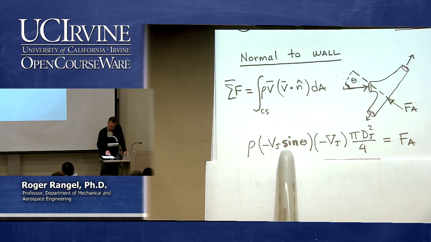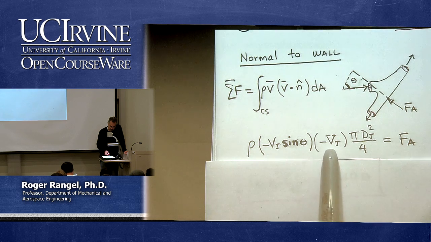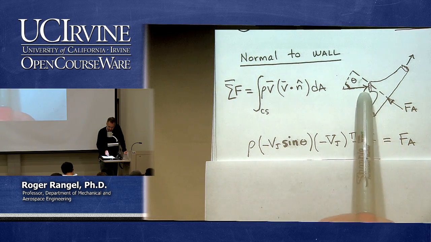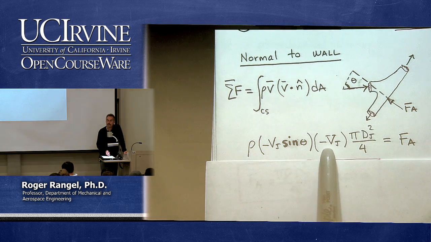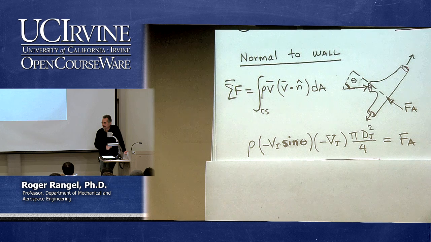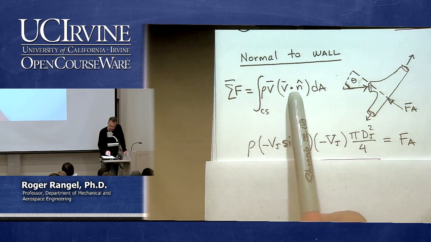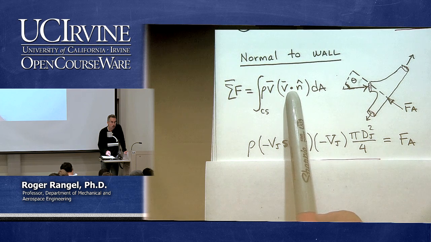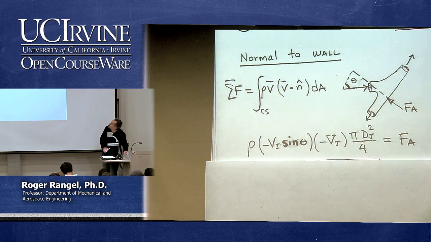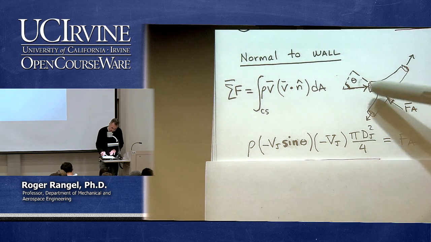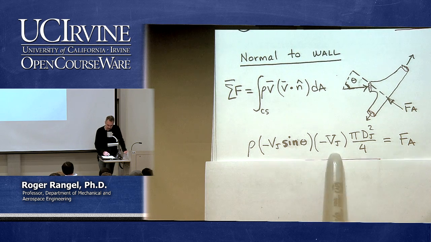So that's why that term is. And then, of course, in the V dot n, there is my surface. That V dot n is just minus Vj, because remember, what goes there is the component of the velocity normal to the surface, and my surface is that shaded area there. So that's the minus Vj.